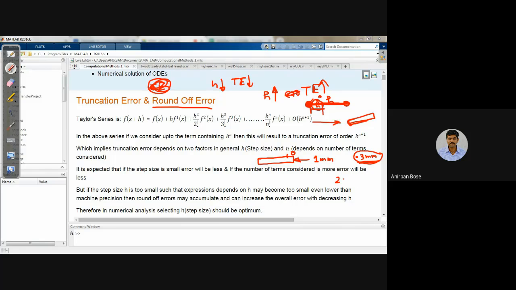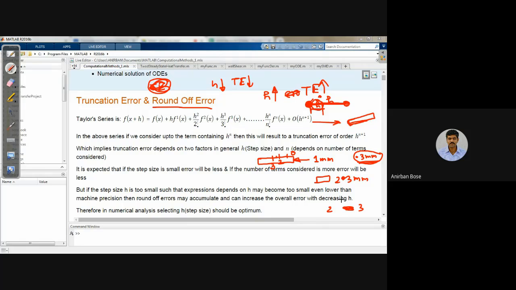Suppose you have an object of 2.3 millimeter. With the help of the scale, the marks 2 and 3 are there, and 2.3 millimeter will be somewhere in between. So when you measure this object with this scale, either you write 2 millimeter or you write 3 millimeter.